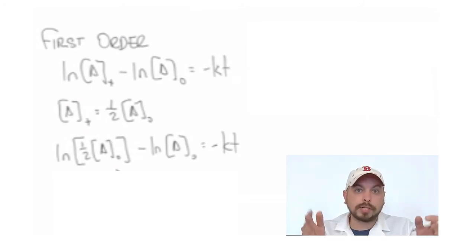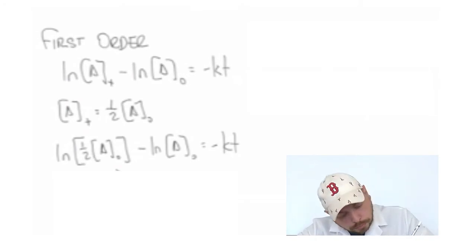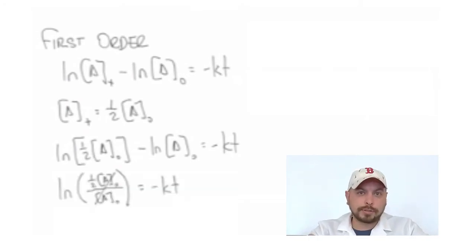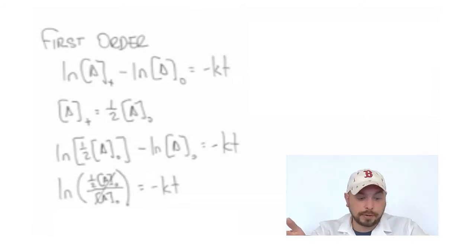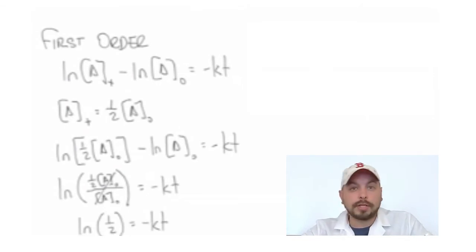So what I'm going to do is combine those two log functions together, which results in the natural log of 1/2 A naught over A naught, the initial concentration. Now you'll notice that A sub 0 divided by A sub 0 cancels out. So we're left with the natural log of 1/2 is equal to negative kt.